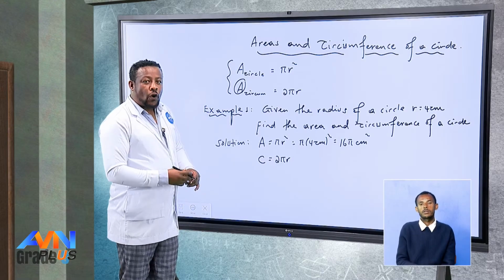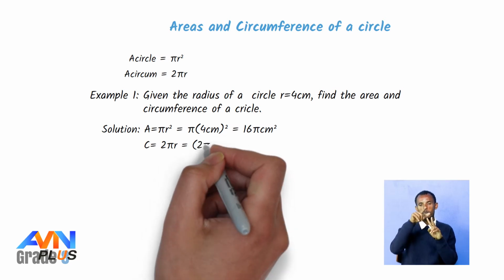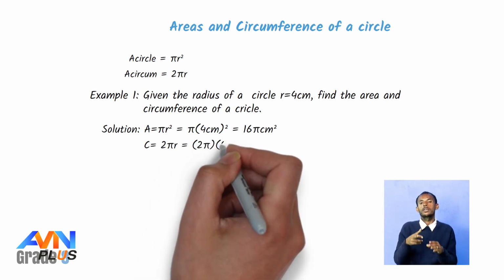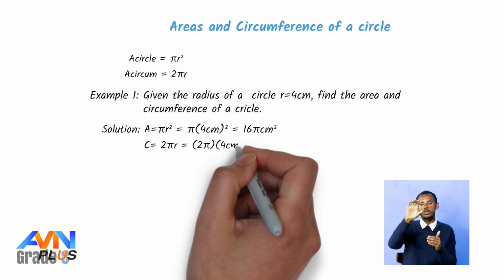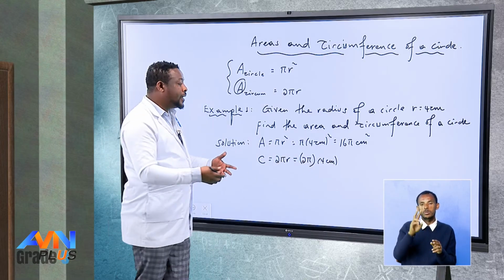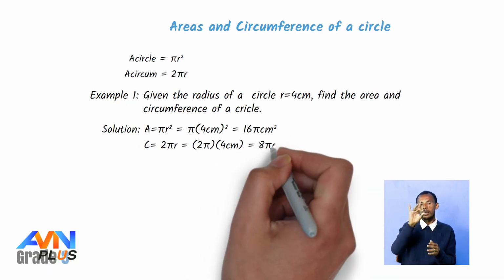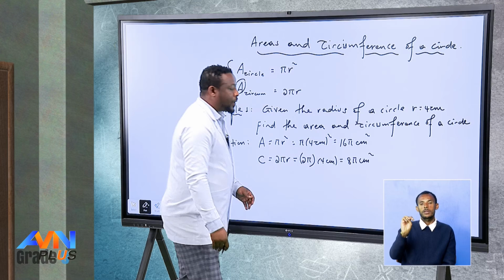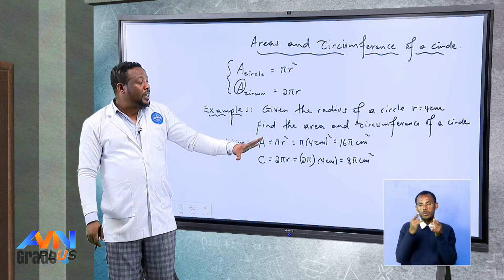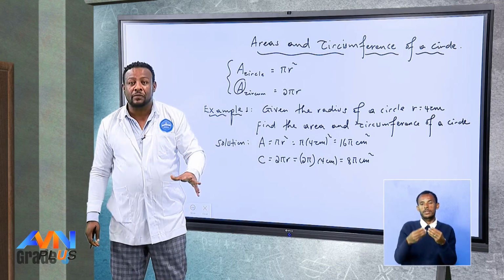Okay, so this is 2 pi times the radius. The radius is 4 centimeter. So 4 centimeter times 2 is 8. So the whole product gives us 8 pi centimeter square. Okay, this way, if the radius is given, you can calculate the area and the circumference.